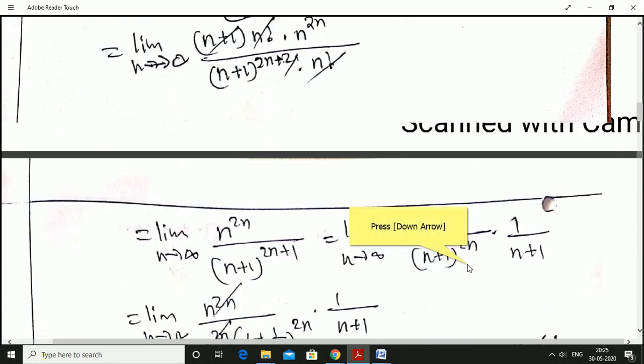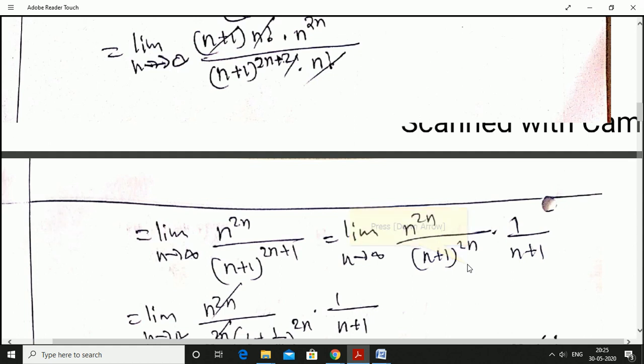Remaining is limit as n tends to infinity n to the power of 2n divided by (n+1) to the power of 2n+1. Spread this as n to the power of 2n divided by (n+1) to the power of 2n into 1 divided by (n+1).